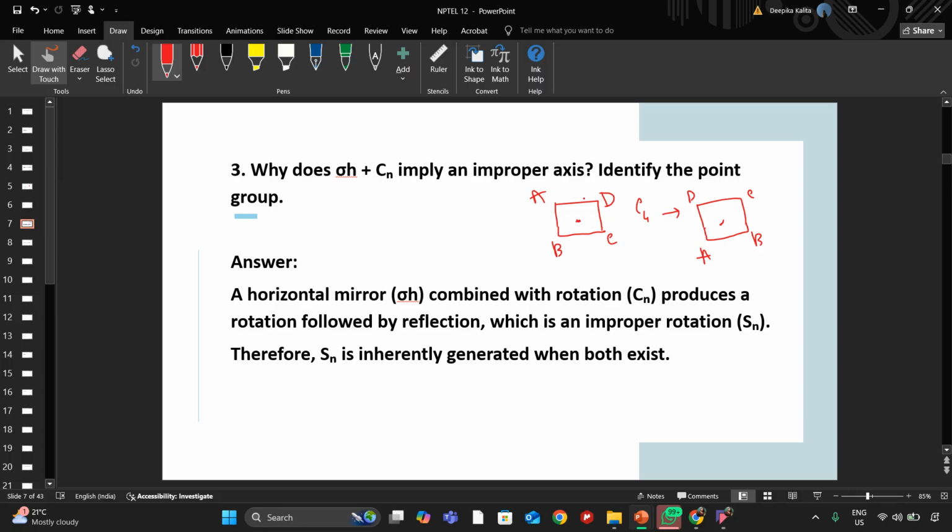So the principal axis of symmetry, which is C4, is going to pass through this central point, and imagine it to be perpendicular to the plane of your screen.